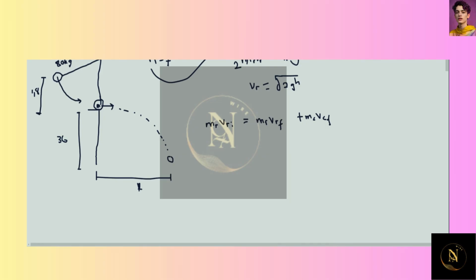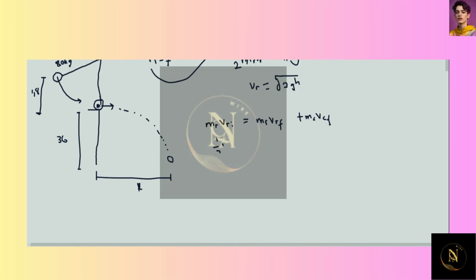Since you have unknowns in this case, you can also write expressions for the kinetic energy. Again, we said that the kinetic energy before the collision is just the rock that's moving.